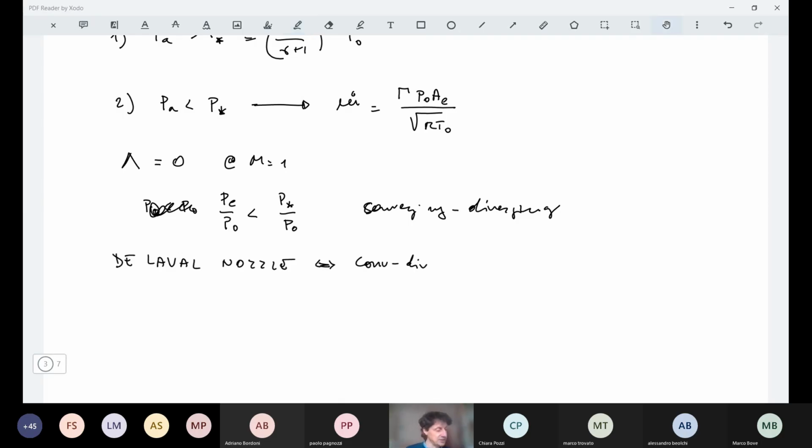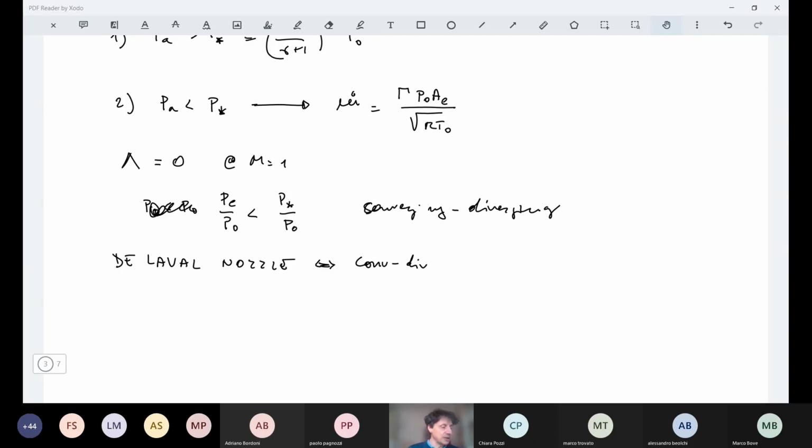Passing to this de Laval nozzle, we can now exploit the same Saint-Venant equation, but reading it in a different way. We were seeing it in terms of the effect of ambient pressure on the mass flow rate.